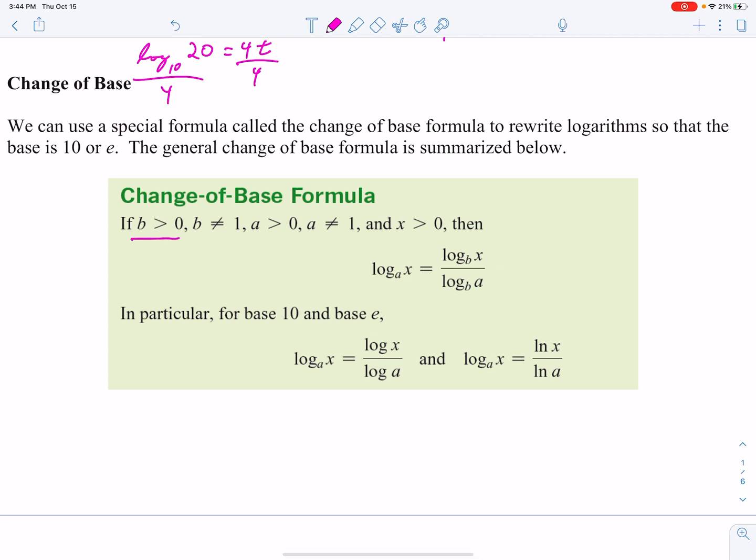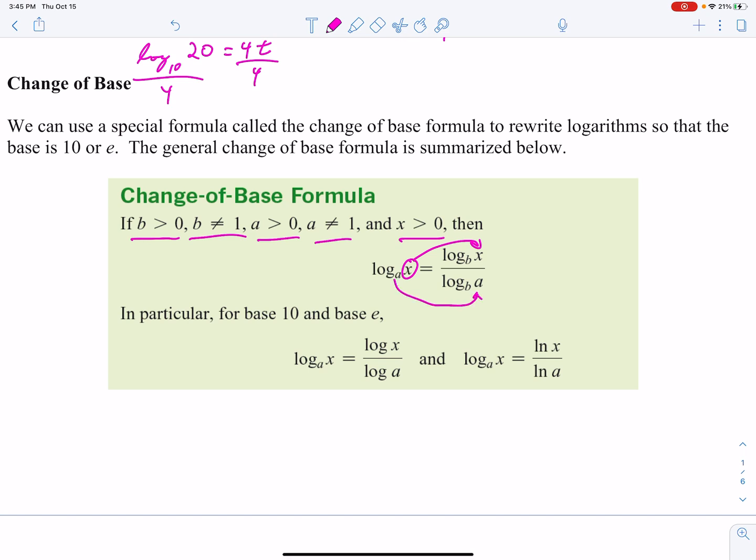All right, so let's see. If b is greater than 0, in other words, if b is positive, not equal to 1, if a is positive and not equal to 1, and x is positive, then log base a of x is the same as saying log base b of x over log base b of a. In other words, what we're allowed to do is pick any base that we want, any base that we're allowed to use, and we put the log of the bigger number over log of the smaller number.